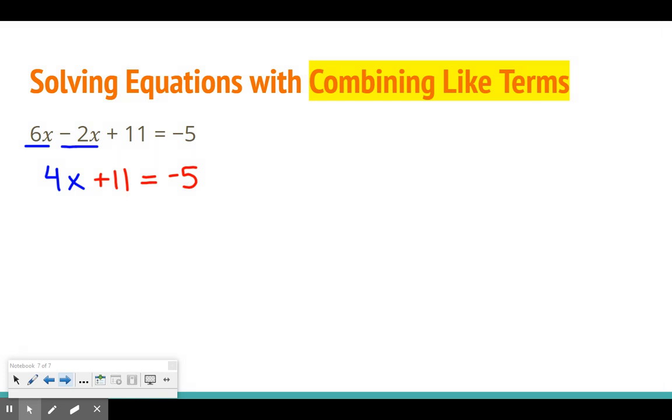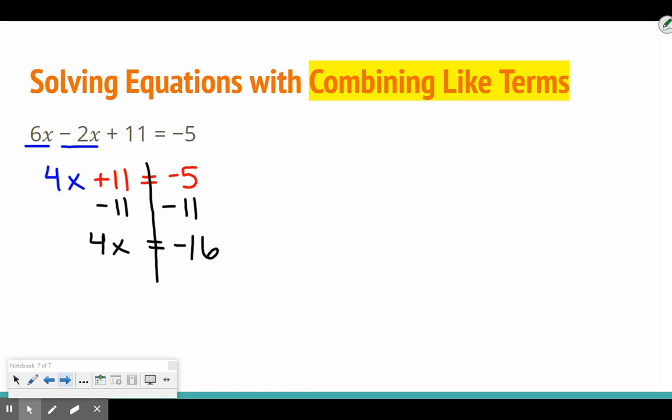So all I did was combine the like terms that are needed, and now hopefully you notice that it is a two-step equation. I'm going to subtract 11. So I'm left with just 4x over here equals negative 5 minus 11. Again, check your calculator if you're not sure. We get negative 16.